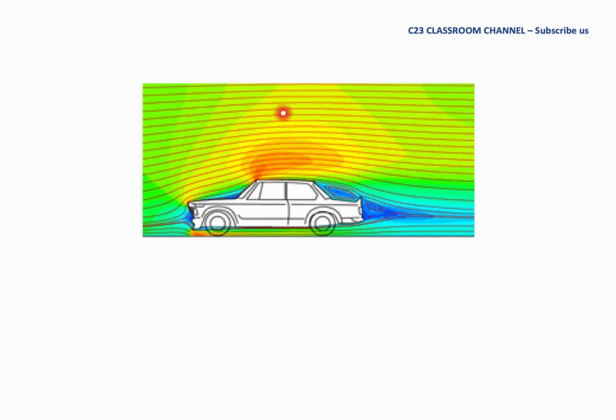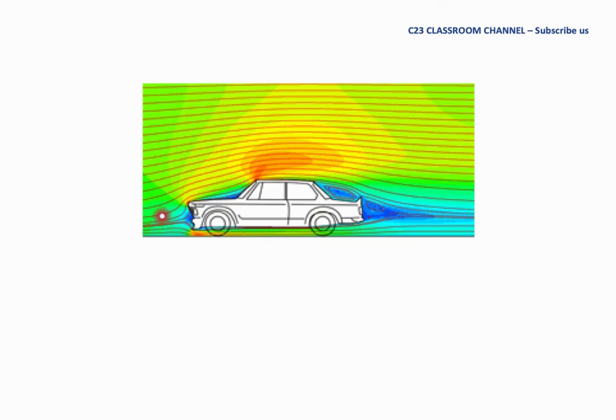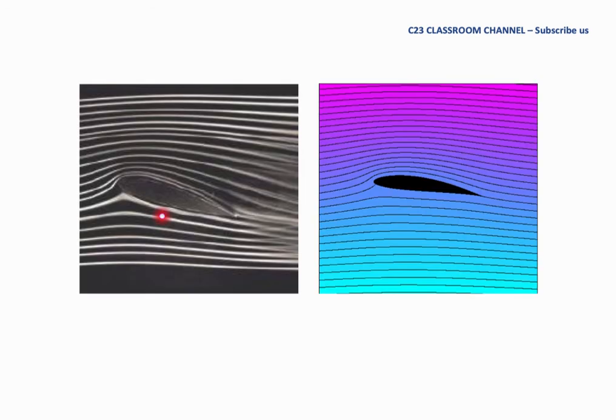So this is the simulation picture of the usage of streamline, and this is the experimental work that uses a smoke generator, smoke here, to show the stream function. And for example, this one is an experiment using a very simple object.